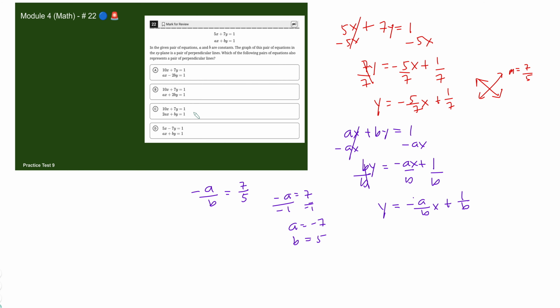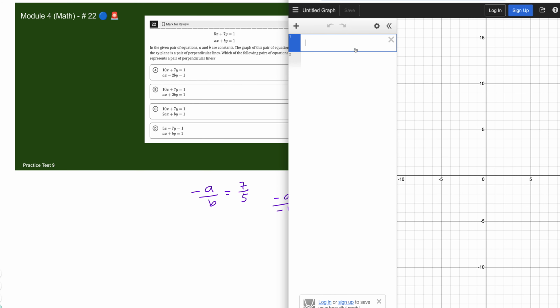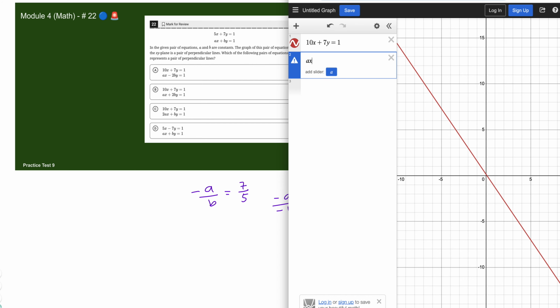And we can do this in Desmos. If we open up Desmos, let's type in the first equation, the top one: 10x plus 7y equals 1. And then I'll type in ax minus 2by equals 1.